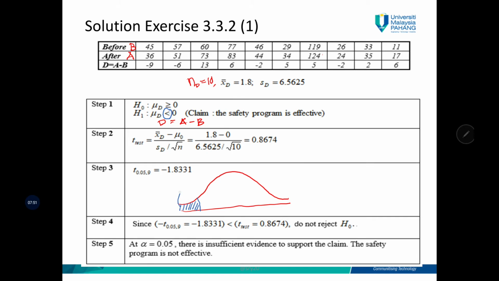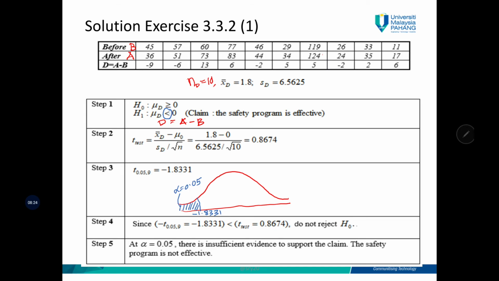Our alpha is 0.05, and since this is a one tail test, we do not divide alpha by 2. Using the statistical table, t 0.05 with degrees of freedom 9, the critical value is negative 1.8331. Once we get the rejection region and critical value, we complete step 3.